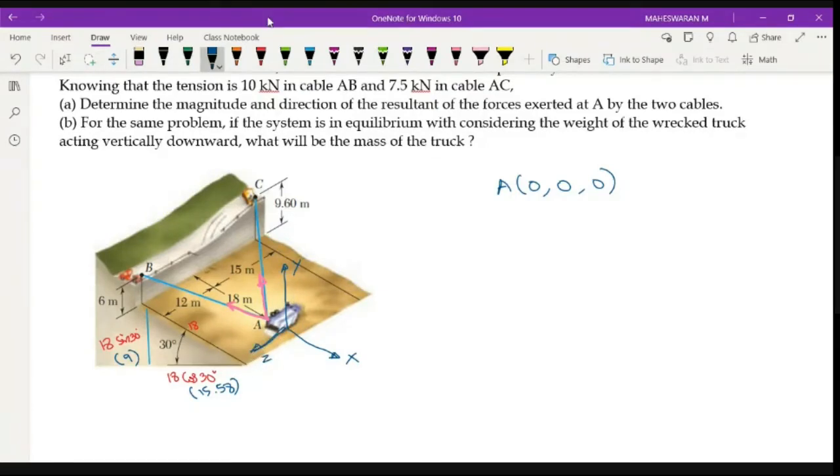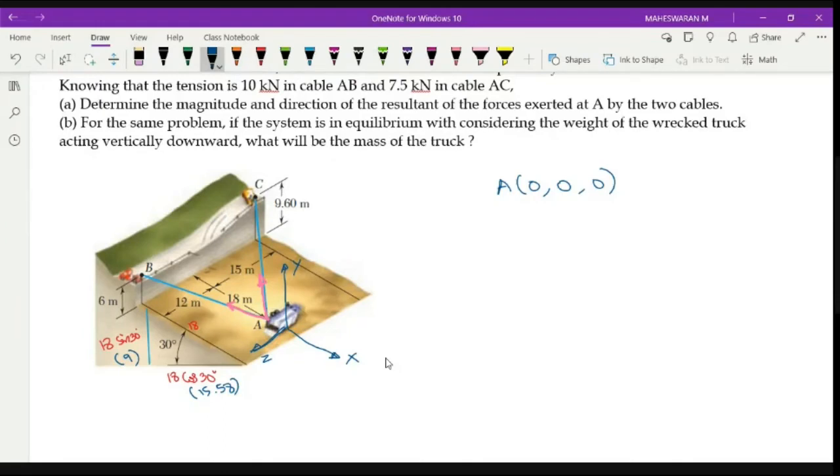It is up to you. It is not always that this direction is x. You can change it accordingly and you will get the same answer. Don't worry. When you solve, the answer will be the same. If they are not specified, you can take any direction as any of your axes.